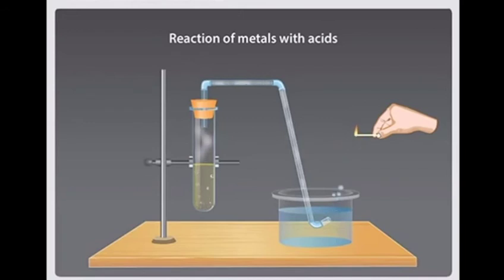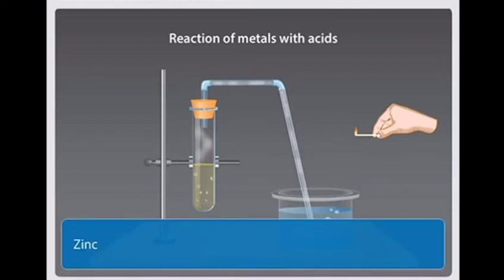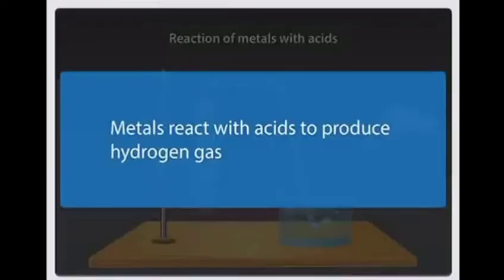It indicates the presence of hydrogen gas. Here, the zinc granules react with dilute sulfuric acid to form zinc sulfate and hydrogen gas. This shows that metals react with acids to produce hydrogen gas.